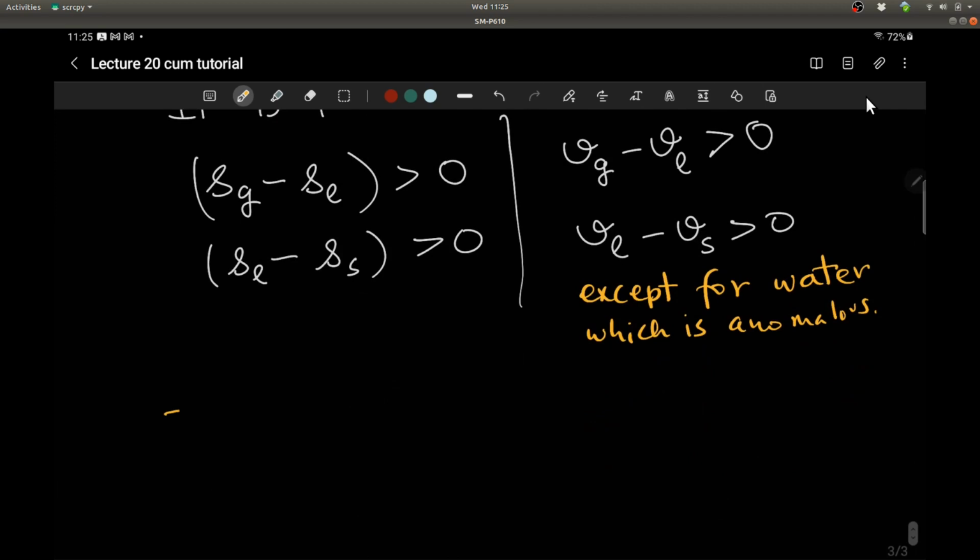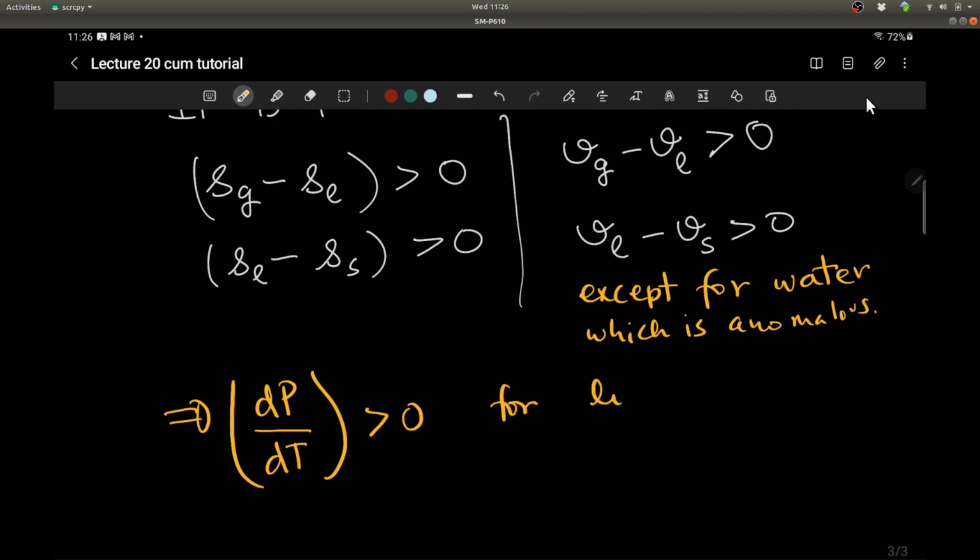So this implies dP by dT is greater than 0. This analysis holds for liquid-gas, solid-liquid, and we can also go directly by sublimation, right?